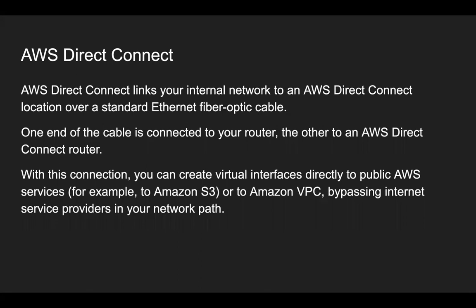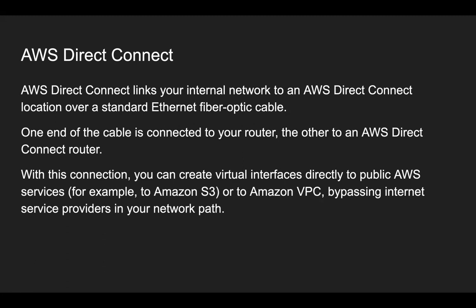So as the name suggests, it's a direct connection as a fiber optic cable from your AWS data center all the way to your on-premise data center set up by a partner location of Direct Connect. Later, you will get a really good idea when we take a look at some of the diagrams. So one end of the cable is connected to your router, the other one to your Direct Connect partner location router.